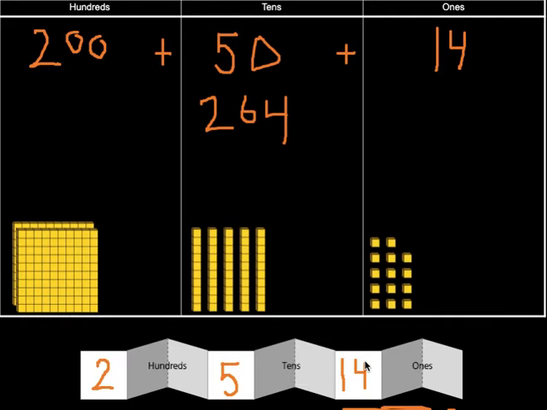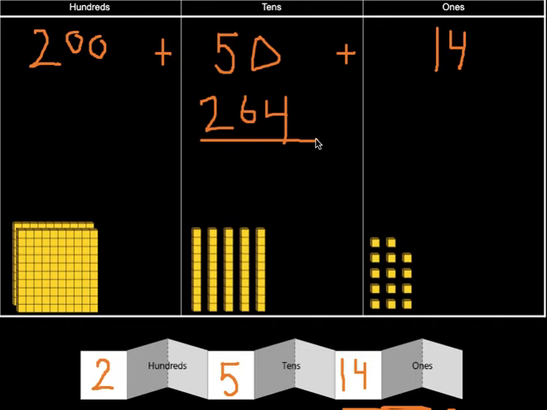Yeah, so let's instead take a look at our ones blocks. What could we do with the tens and the ones blocks to make the blocks match this number, 264?